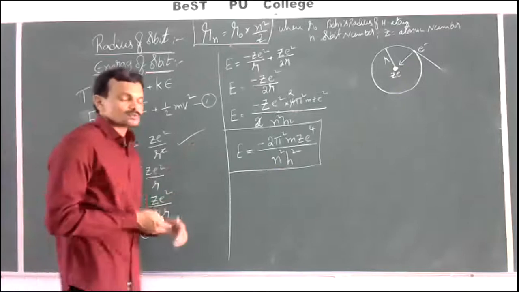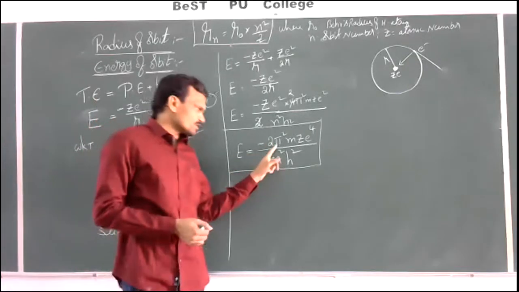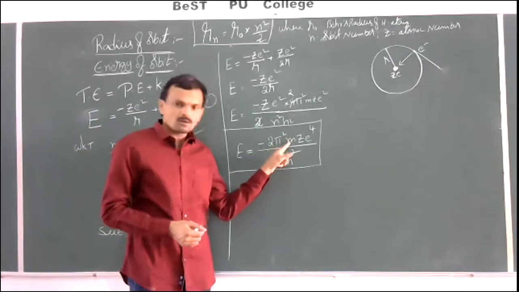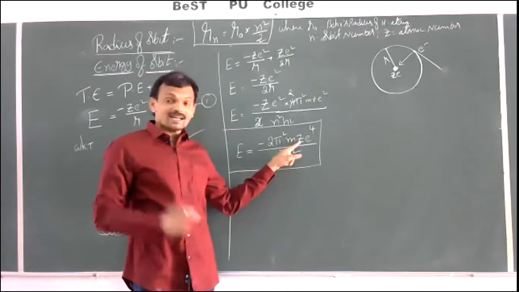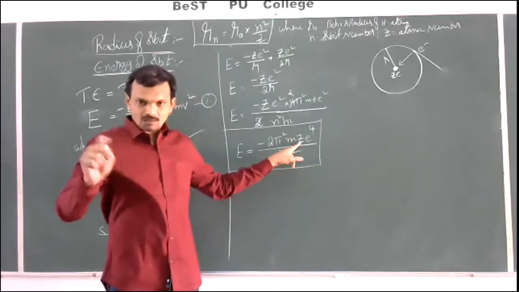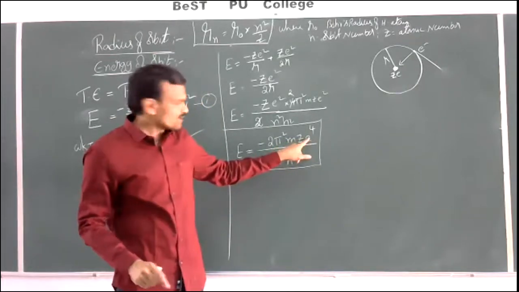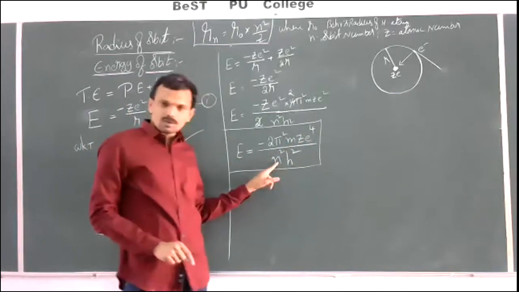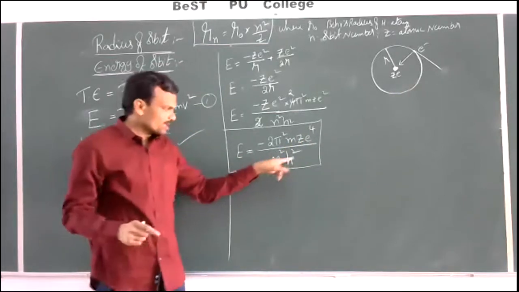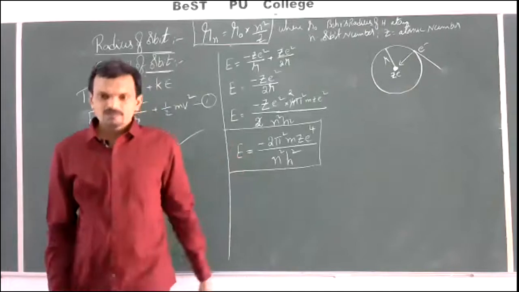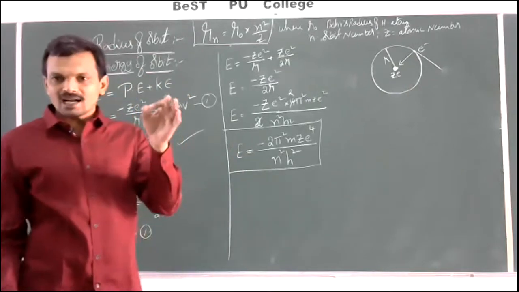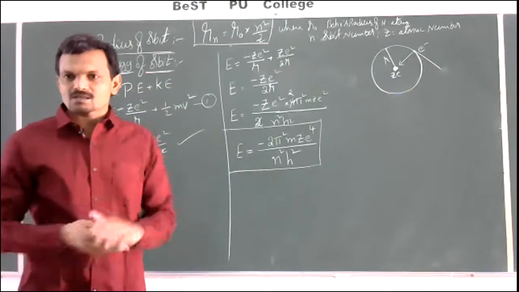Let us see what the terms are. Pi is 3.14, m is the mass of the electron, z is the atomic number which is variable, e is the charge of the electron, n is the orbit number which is a variable term, h is Planck's constant. So except z and n, all the remaining are fixed constant values.